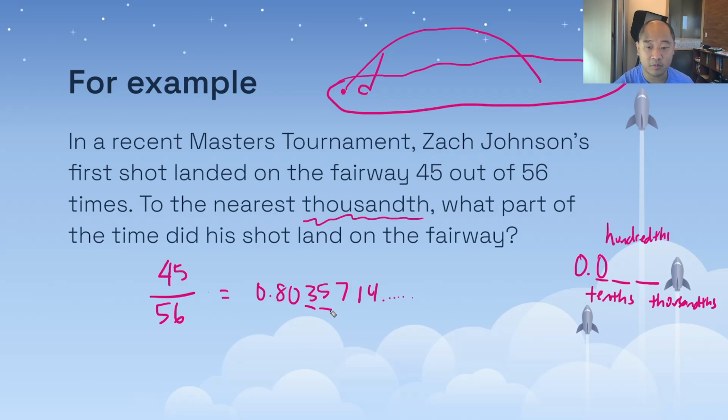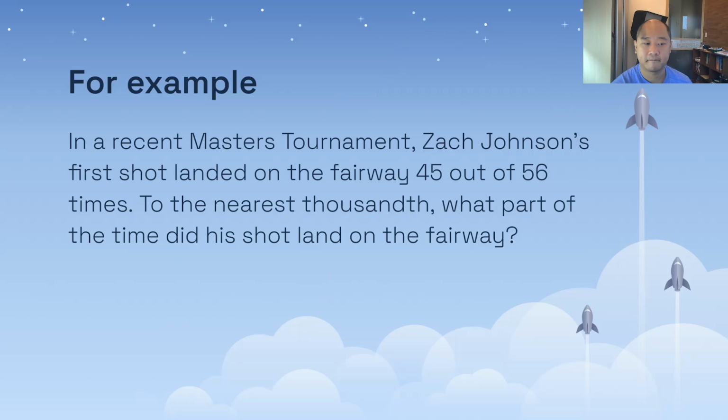The 4th decimal place is 5 or above, so you round up. So this is going to be 0.804. If anyone cannot remember how to round to the nearest hundredth, tenth, any of the decimals, then let me know and we will go over that.